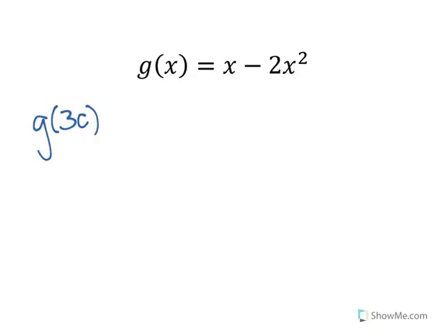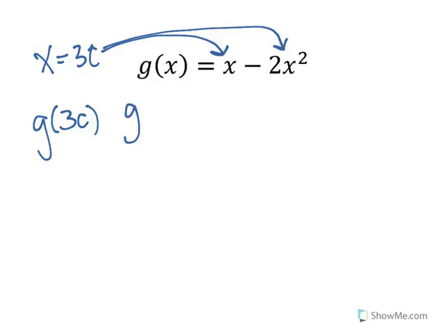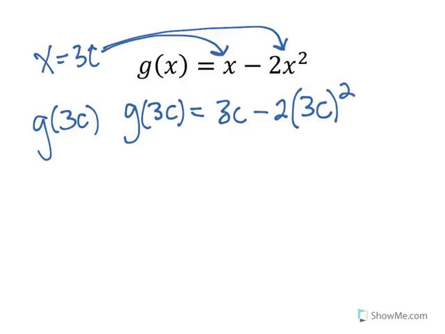In this problem, x equals 3c, so that means 3c has to be plugged in for x in both locations. So to rewrite this, we write g(3c) equals 3c minus 2 times the quantity 3c squared.